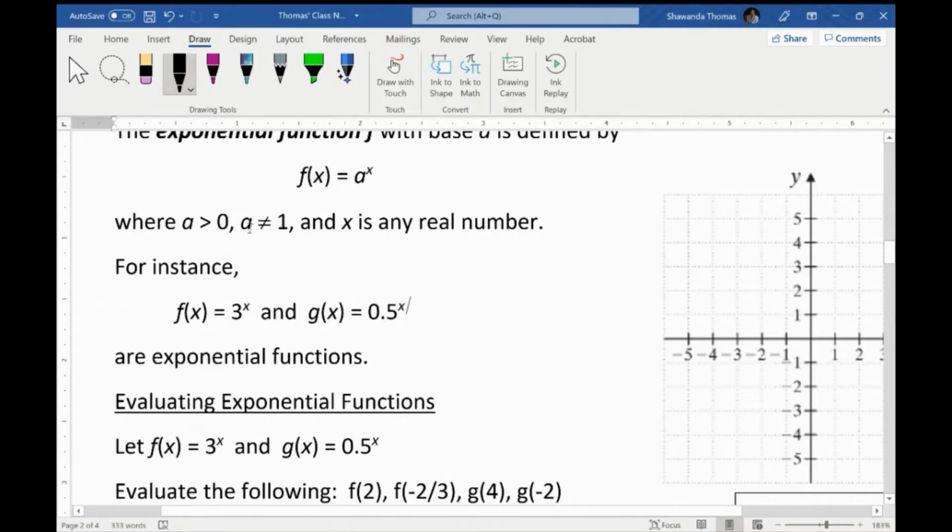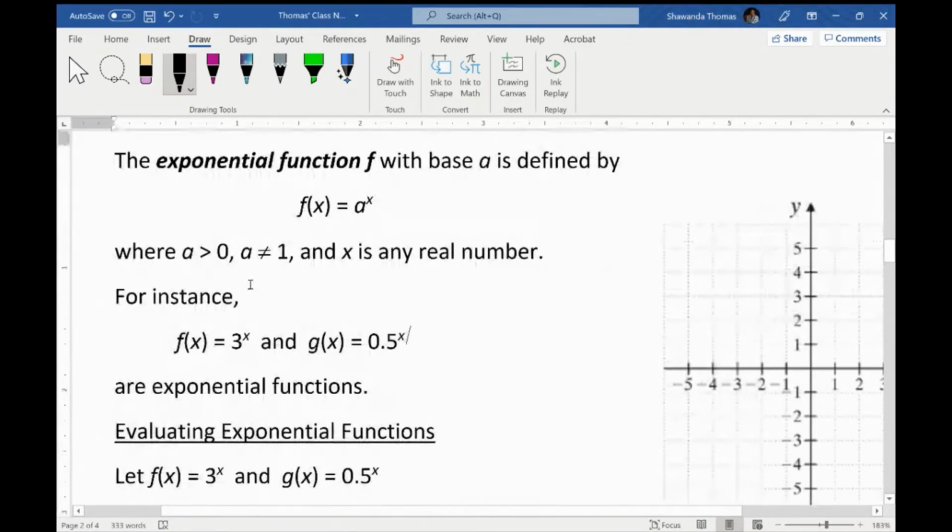Well, it doesn't have to be, but it is an example of increasing. And a cannot equal 1. Can someone tell me why they pointed out that a cannot equal 1 if it's an exponential function? A cannot equal 1. Why? Why can't a equal 1? Any guesses?